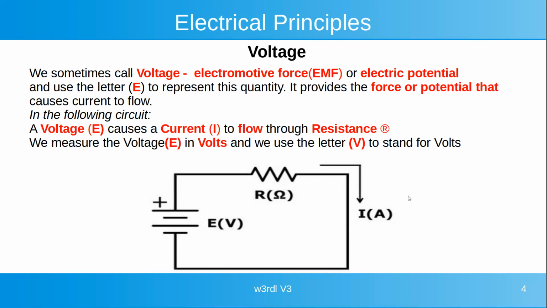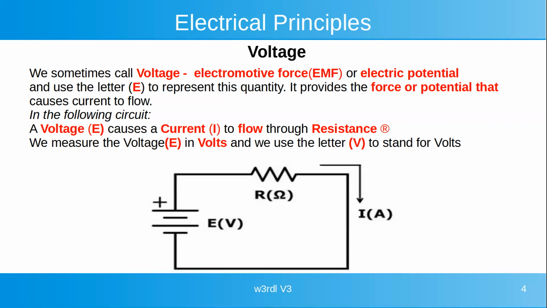So that's basically the force, and we measure it in volts, represented as E. In this diagram, we have a battery with some voltage through a resistor, and some current flows depending on the ratio of that voltage and resistance.